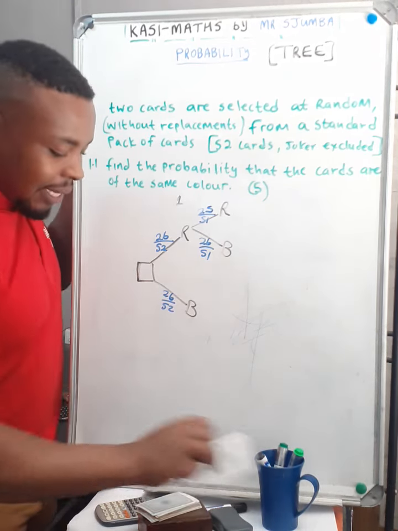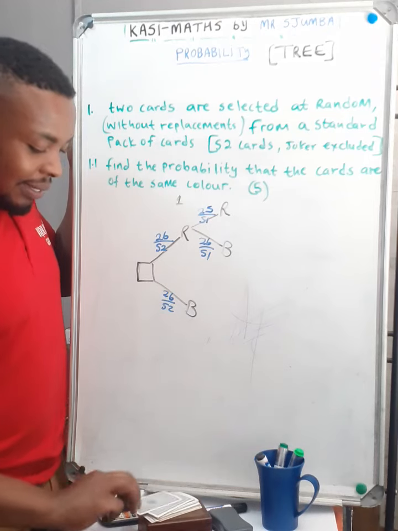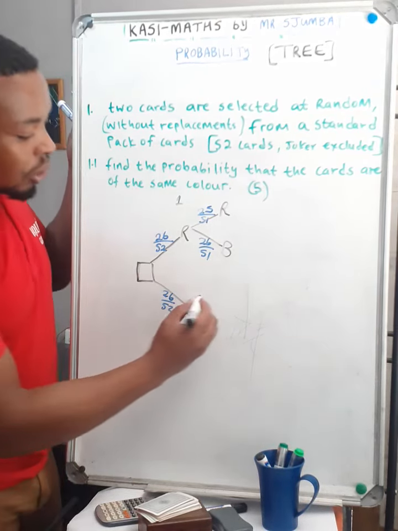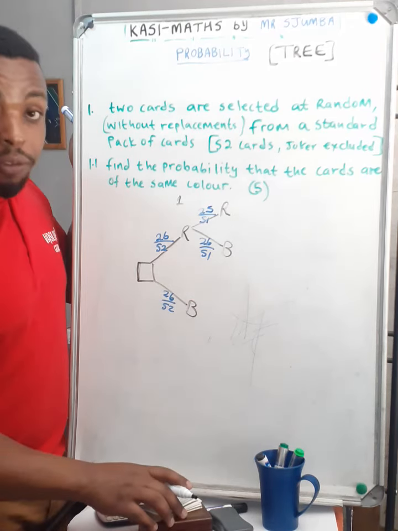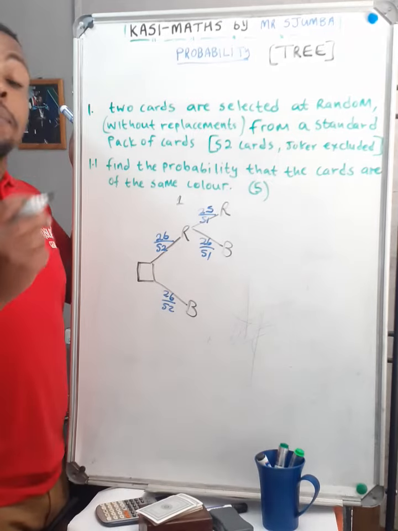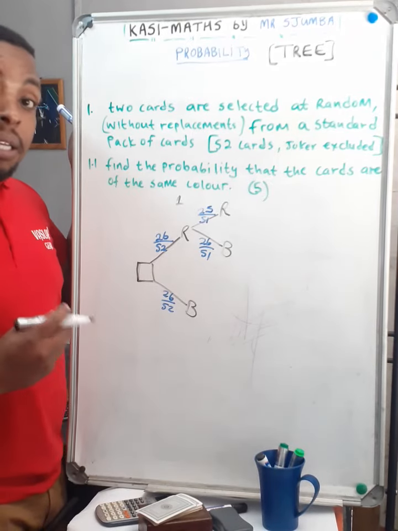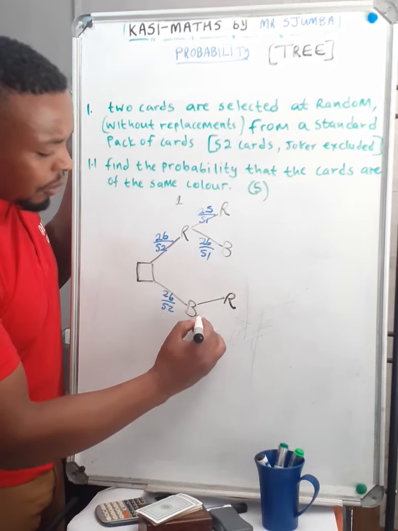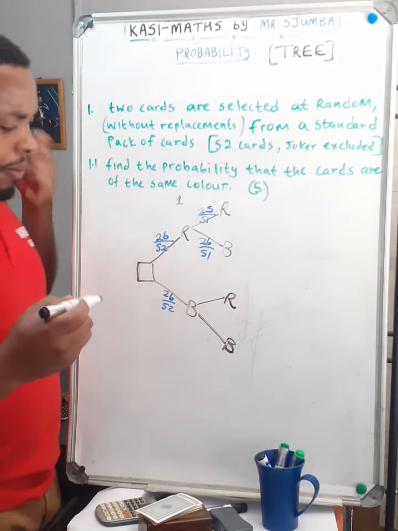Now let's say the first card drawn is black and we set it aside. When I go back to draw, in this standard deck there are still black cards and still red cards. The possible outcome could be red and it can also be black.